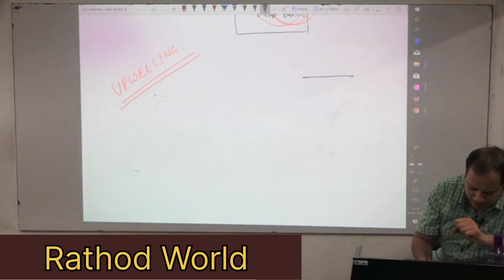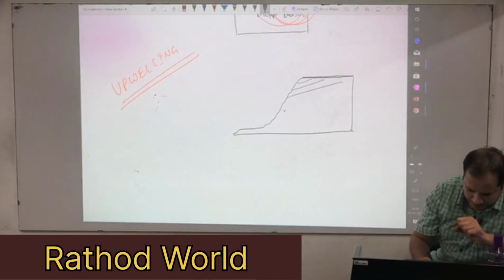Upwelling is generally divergence dependent and Ekman transport dependent.